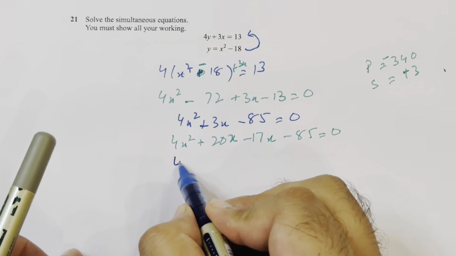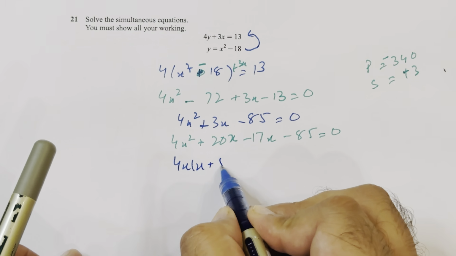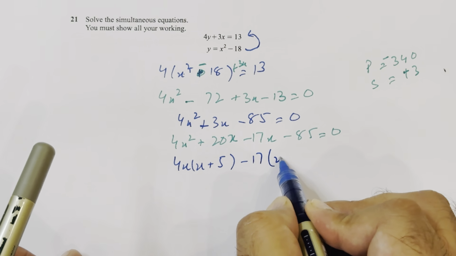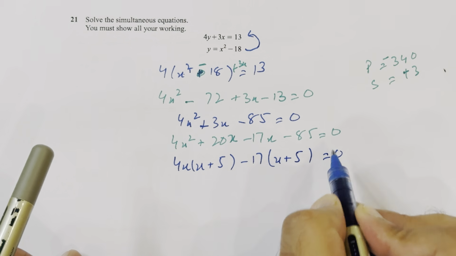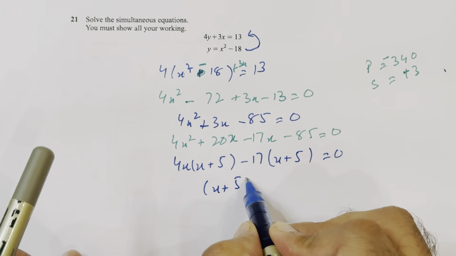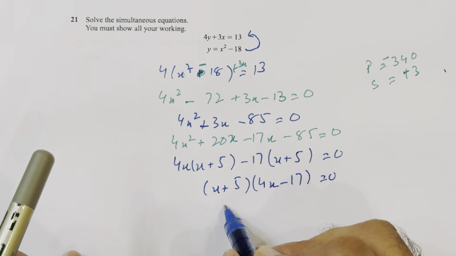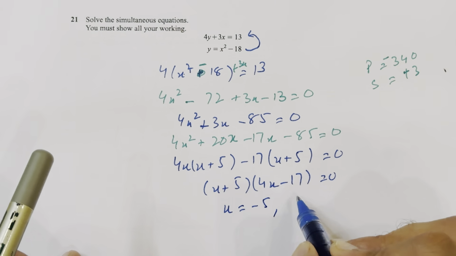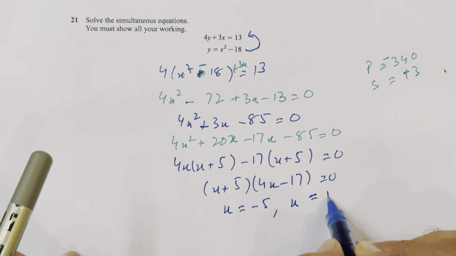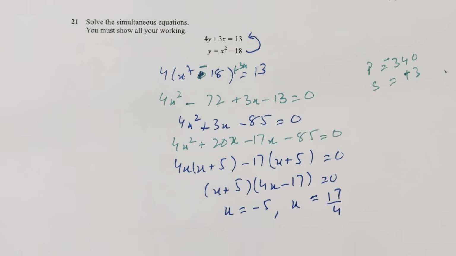Take 4x common over here, that would be x plus 5, then minus 17, it would be x plus 5 again, that is equal to 0. Then x plus 5 and 4x minus 17 equal to 0. Then x is equal to minus 5 and x is equal to 17 by 4.